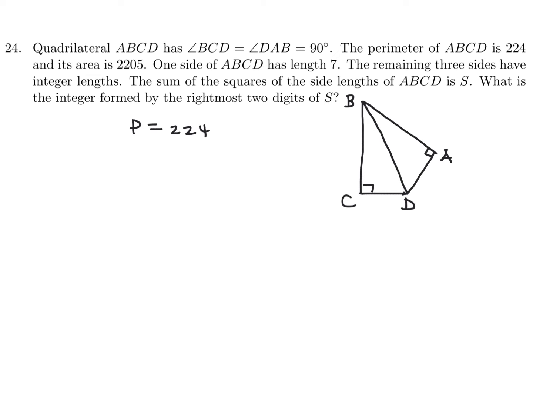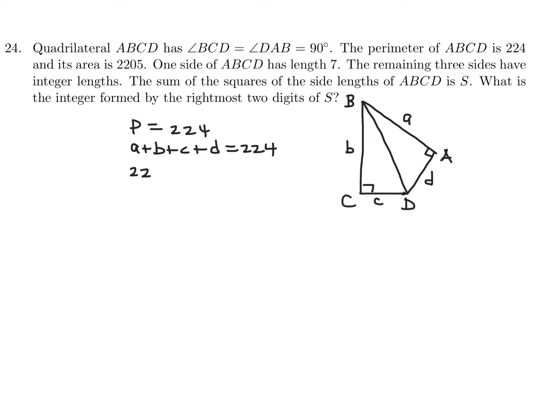I'm going to label these sides a, b, c, and d. It doesn't really matter what order you put them in. So the perimeter is 224, so that basically means that a plus b plus c plus d is 224. And then the area is 2205.